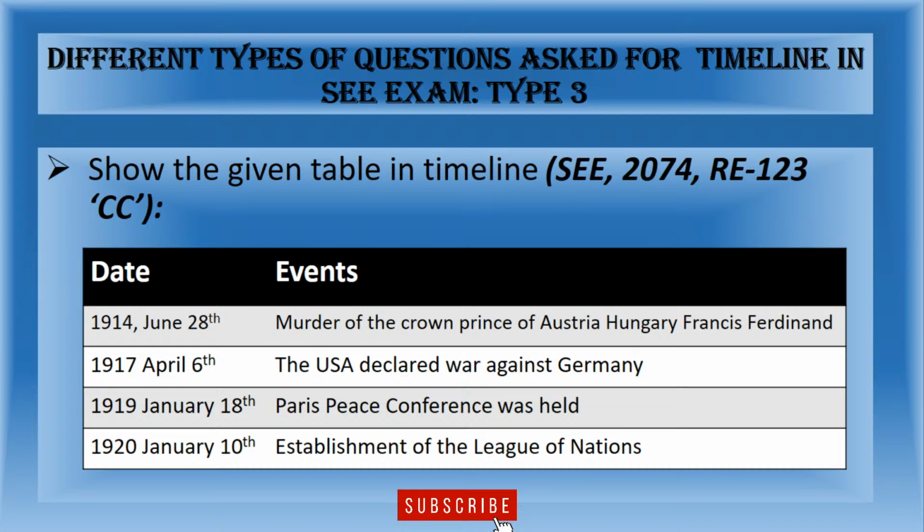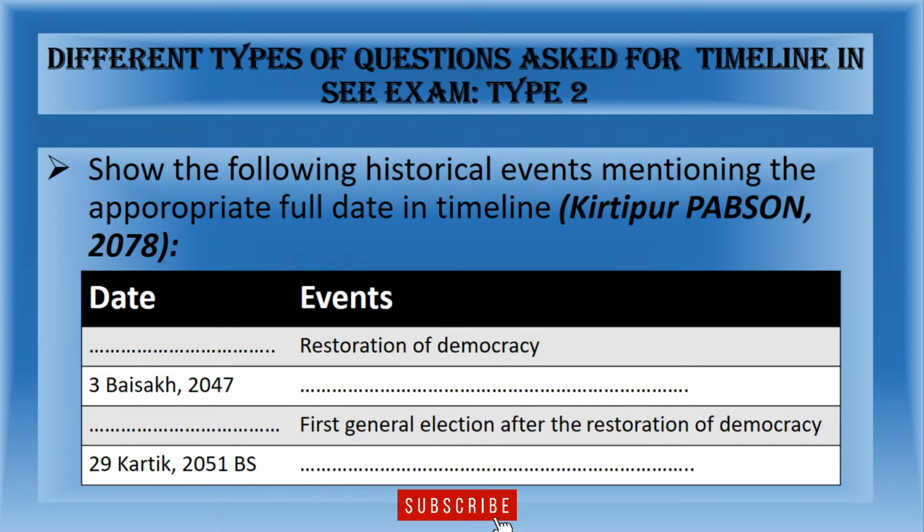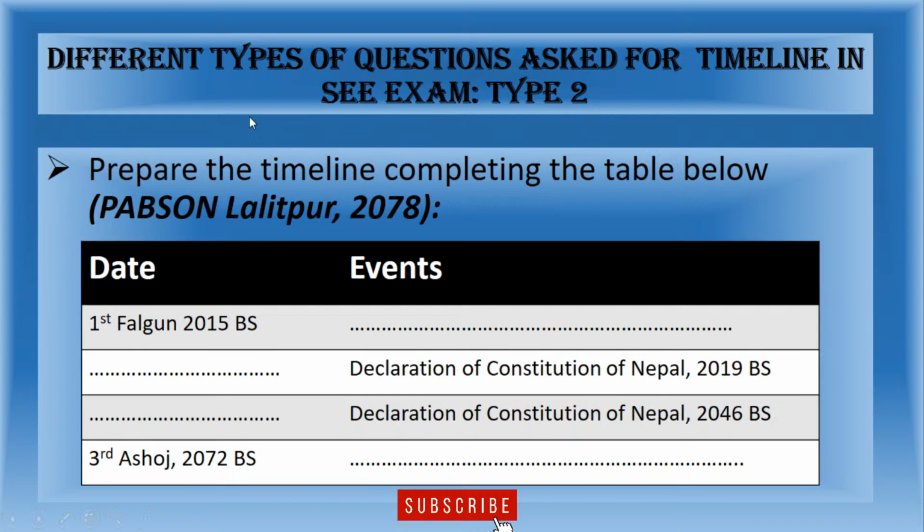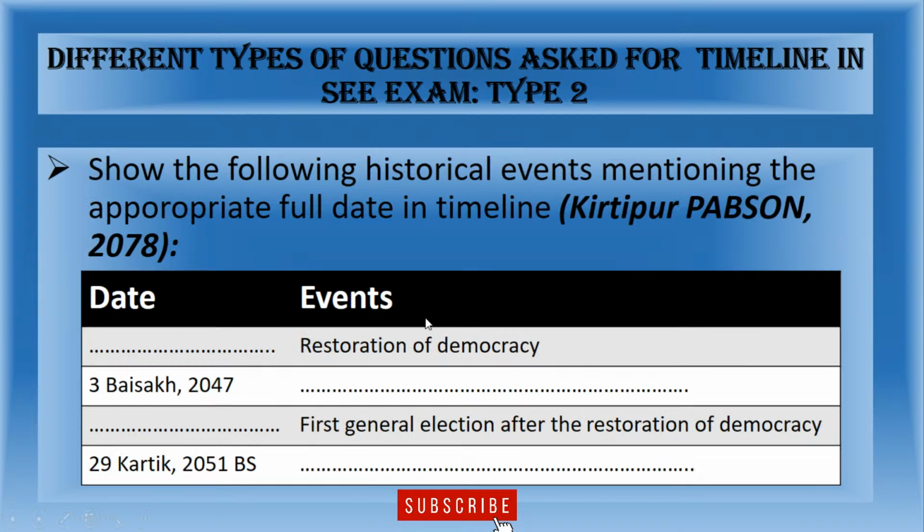But in case it is very long, for example 2015 to 2017, if you do it in this way, how many inches do you need? It cannot be made in your copy, it is impossible. So that is the problem.